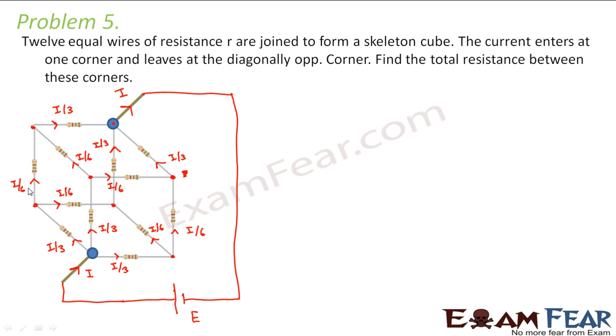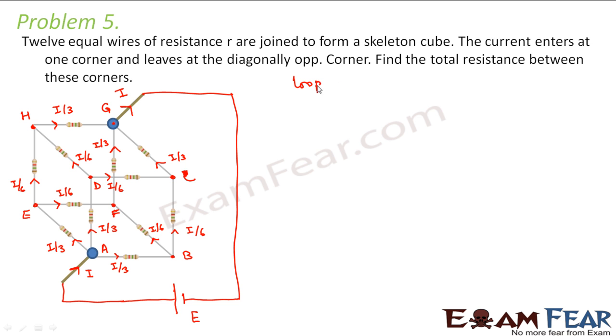Now, let us name this cube so that it becomes easy to apply Kirchhoff's law. Let us call this A, B, C, D, this is E, F, G and H. So now we will apply Kirchhoff's loop law. Remember that each of these resistances is small r.